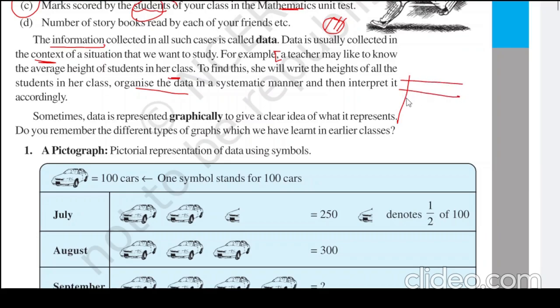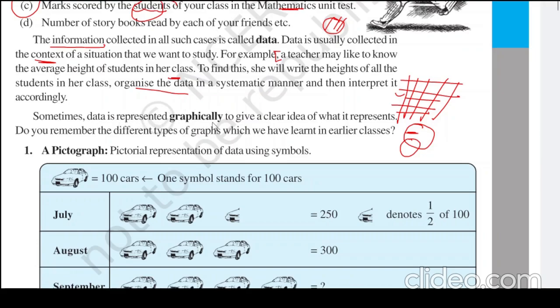After all the students have filled in the Google sheet, he will analyze it. He might arrange it in ascending order or descending order, or he might compute the average height, and he may tell you that someone is shorter than some benchmark, or that another group is taller than that benchmark, something like that. So first we have to collect the data.